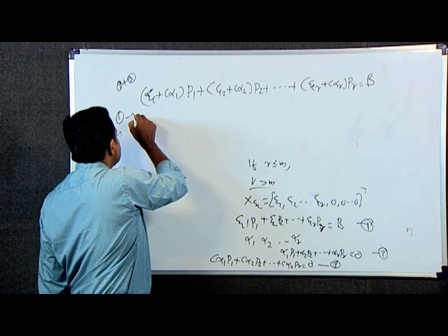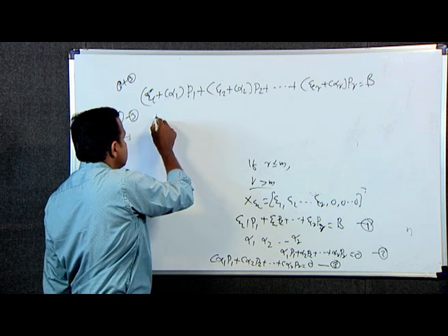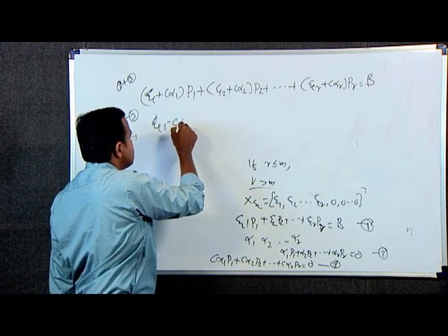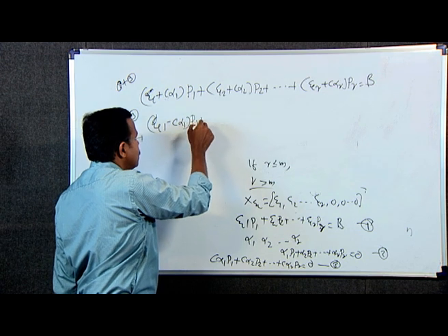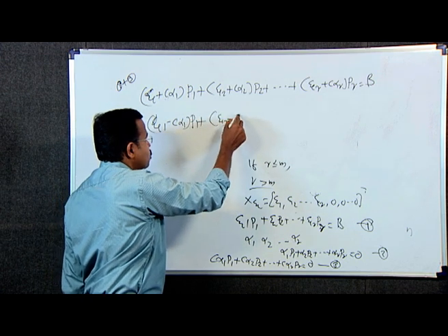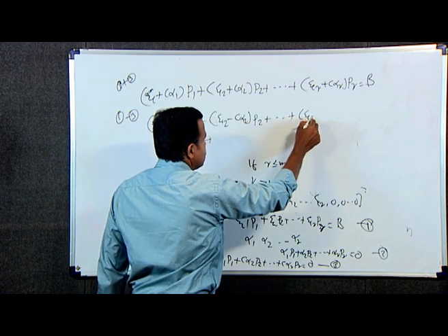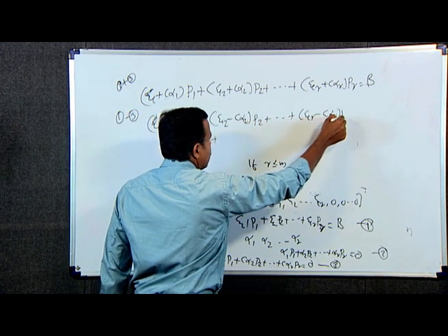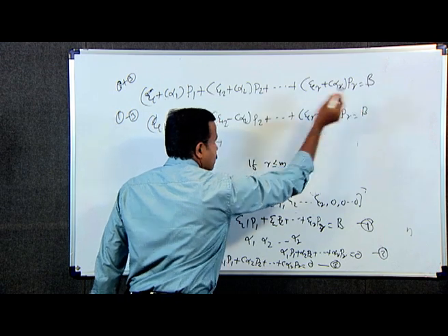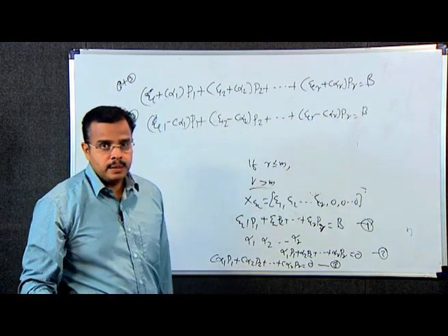Similarly, 1 minus 3 implies psi 1 minus c alpha 1 into P1 plus psi 2 minus c alpha 2 into P2 plus etc. plus psi r minus c alpha r into Pr equal to b minus 0, that is again equal to b.